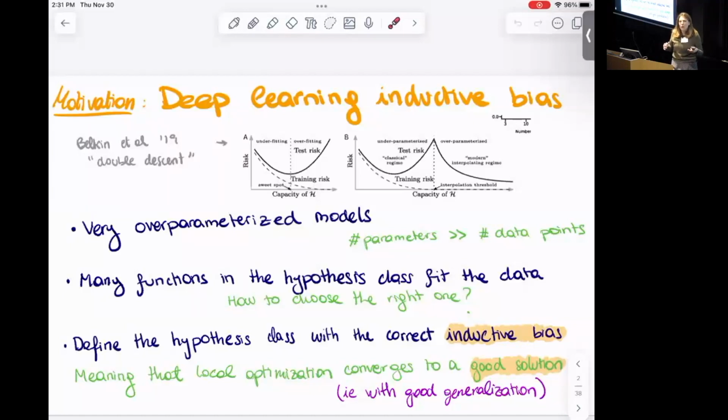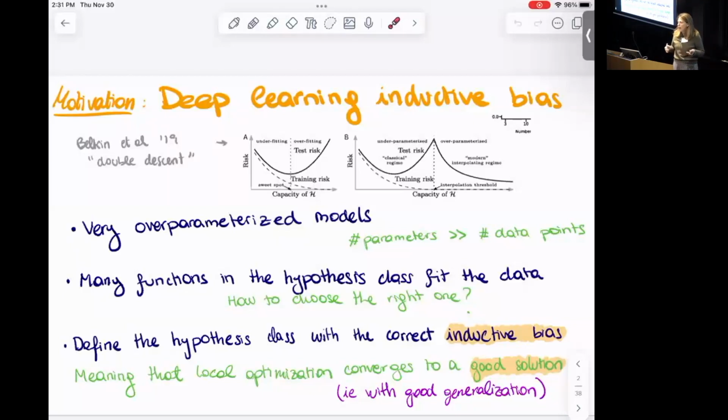But they show that in the modern machine learning regimes, when you go beyond this interpolation regime and you add more and more parameters and make your class of functions more and more expressive, there is some form of implicit regularization, so that very flexible models can not only fit your training data perfectly, but also generalize well outside your training set.